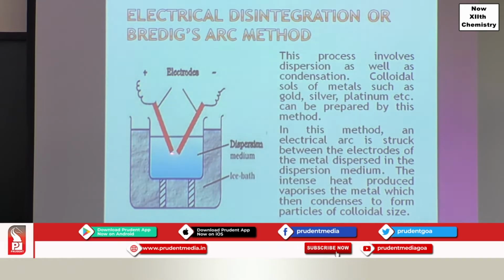This heat is going to vaporize these electrodes and the particles will come inside the dispersion medium. So, first dispersion is going to occur, and as soon as they come into the dispersion medium, the chilling effect from outside is going to cause condensation, and we are going to get a particular metal sol.